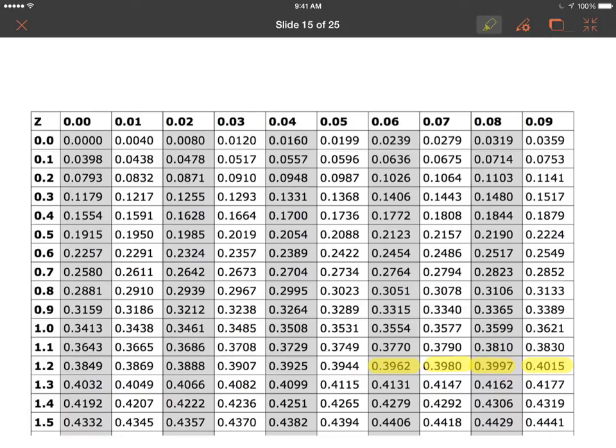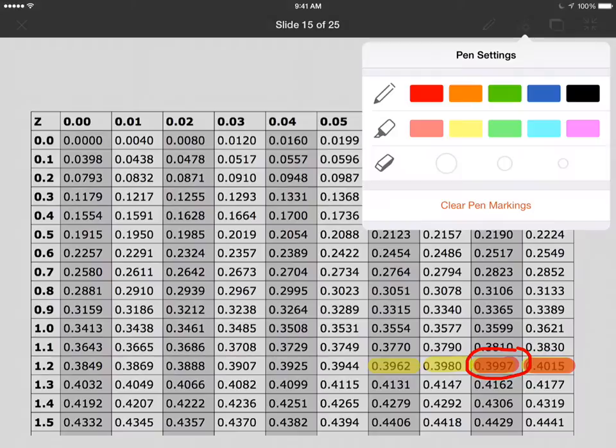So it's between 0.3997 and 0.4015. That's where 0.4 is. And so I want to pick the one that's closest to 0.4. And the number between those two that's closest to 0.4 is 0.3997. Okay, so that's the area closest to 0.4.